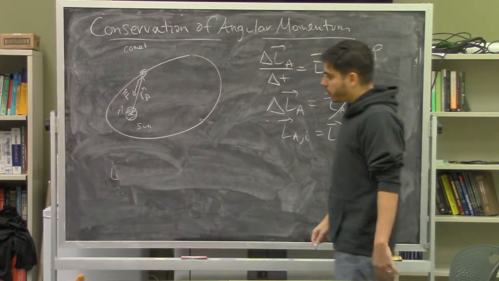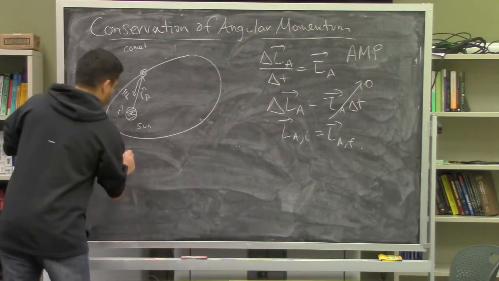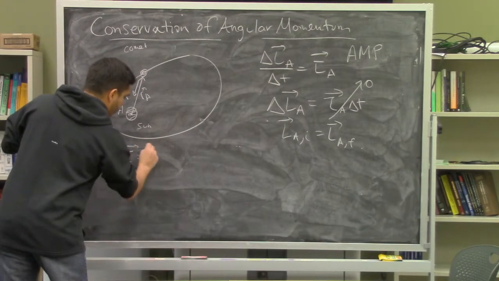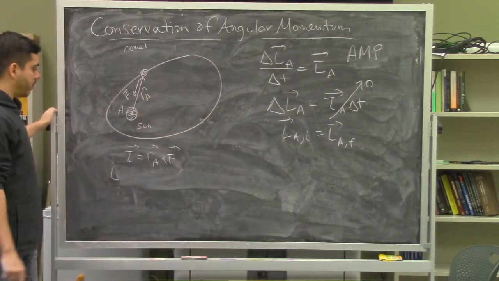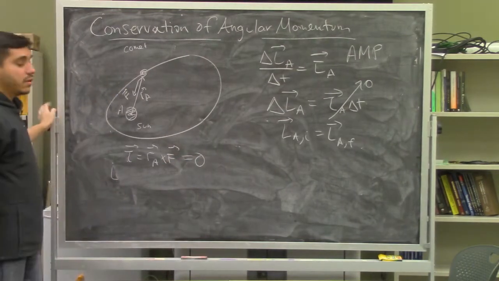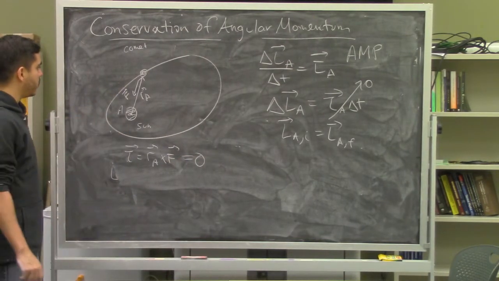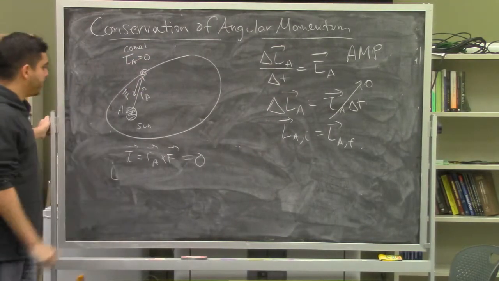So as we talked about, when we're taking a cross product for the torque, if these vectors are parallel or anti-parallel to each other, you end up with no torque. So by choosing the location to be the sun, there is no torque about location A.